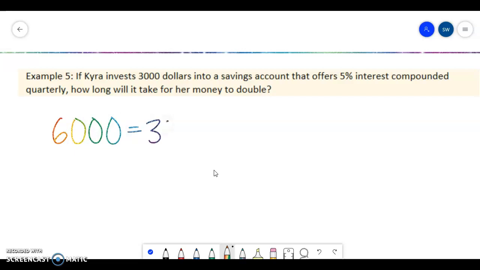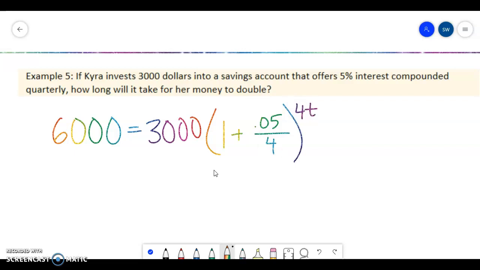We set that equal to our starting amount of $3,000 times 1 plus 0.05, compounded quarterly so divided by 4, and then to the 4t. We are solving for that t, how many years? The first step would be to divide by 3,000, so 2.